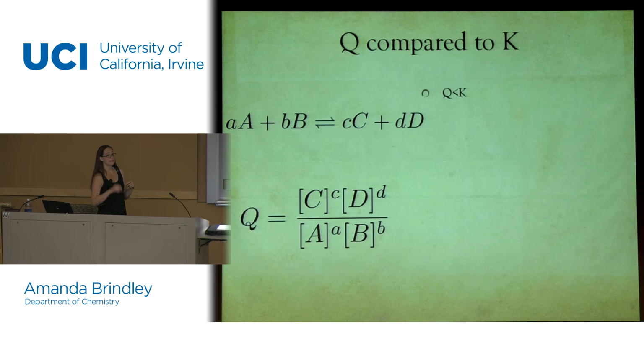If Q is less than K, okay, so K is equilibrium, K is what we're trying to get to. If Q is less than that, what does that mean about the amount of products? Is it too low or is it too high? It's too low, right? If Q is less than K, our number of products are too low.